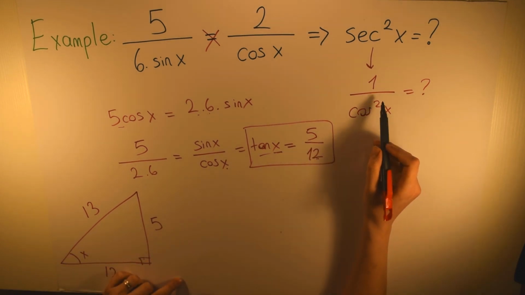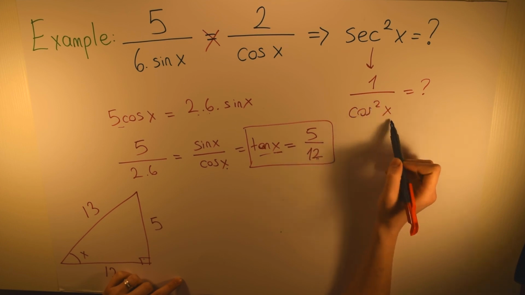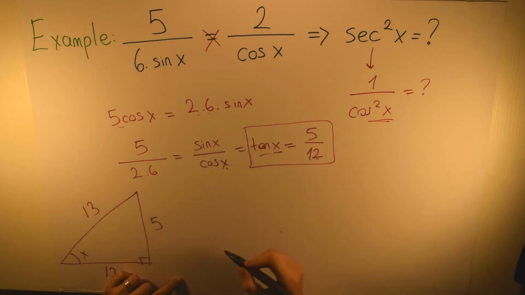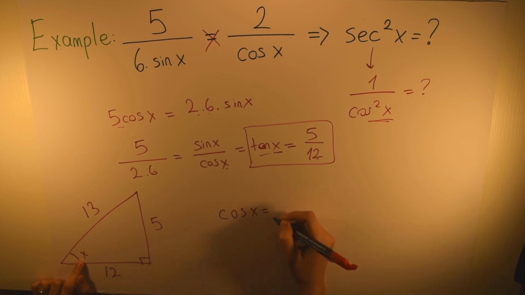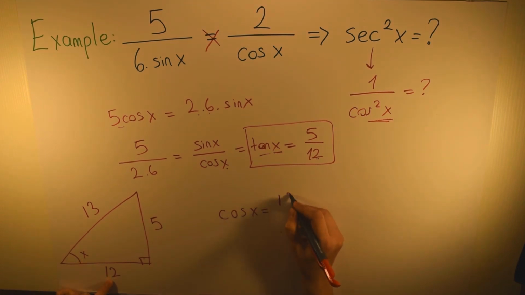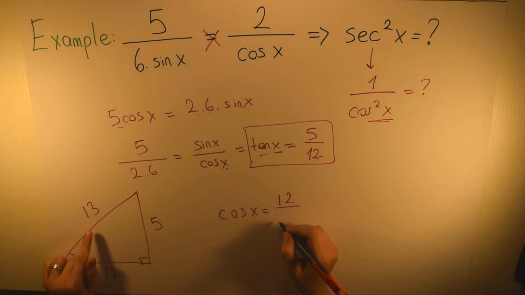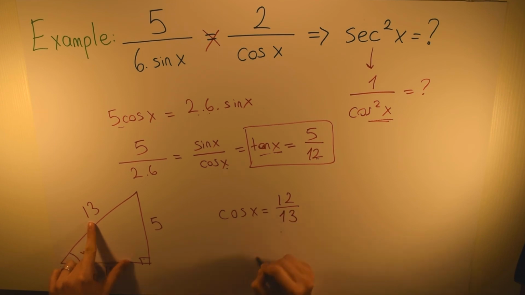All we need to find is the value of 1 over cosine square x, right? So what is the value of cosine x? Cosine x is adjacent side over hypotenuse. So the adjacent side is 12, right? 12 over the hypotenuse, which is 13.